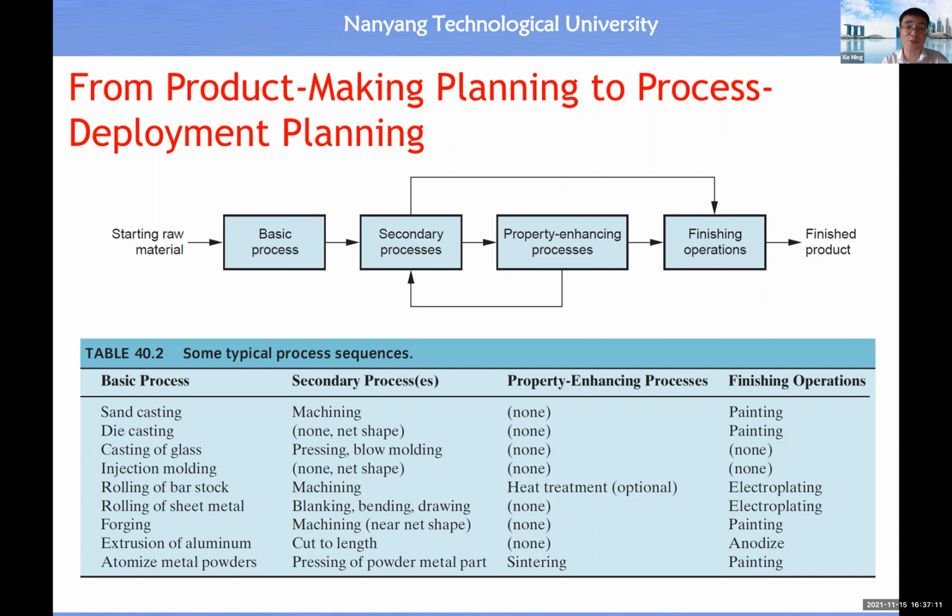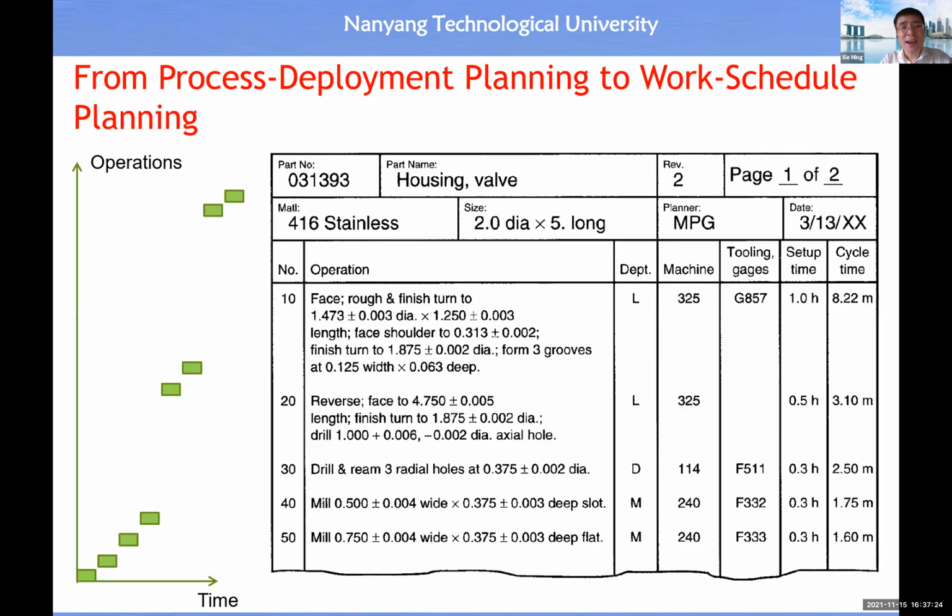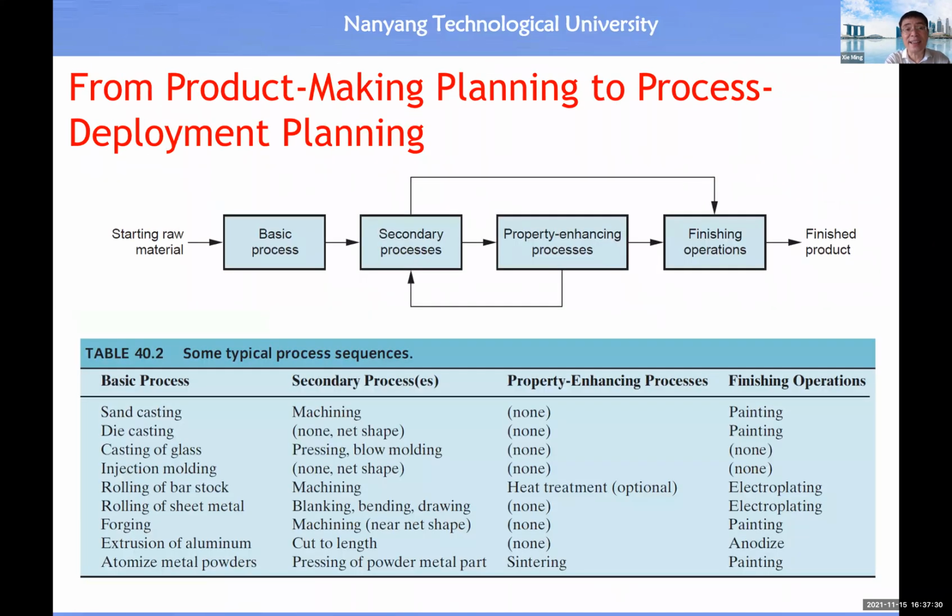Okay, so obviously this must be done by human beings, and in future we could develop a robotic program to automate all this planning activity. Then after that, we can start to schedule the execution of this table of planning, or product making table.